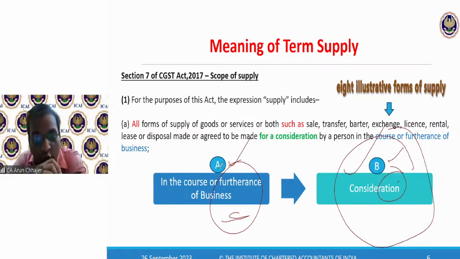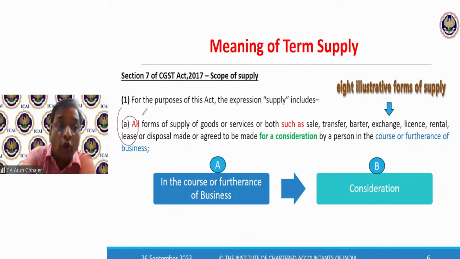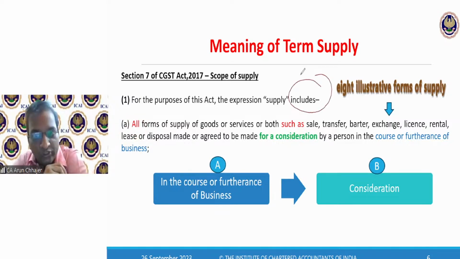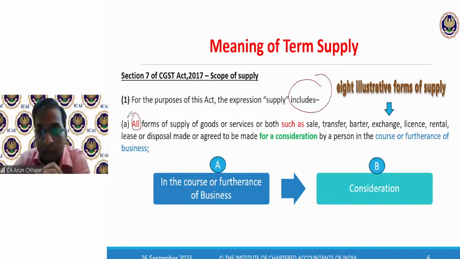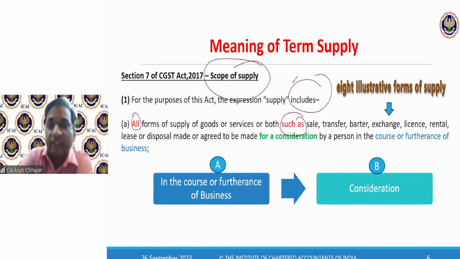But prior to that, try to understand that clause A talks about all forms of supply, such as these 3 things. The definition is starting with the word "includes", and clause A is starting with the word "all". Using "such as", these terms give a clear picture that the scope of supply is very wide in nature.